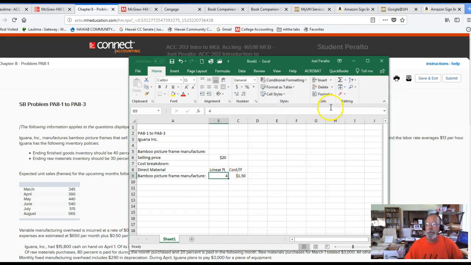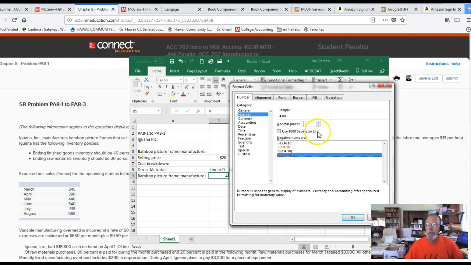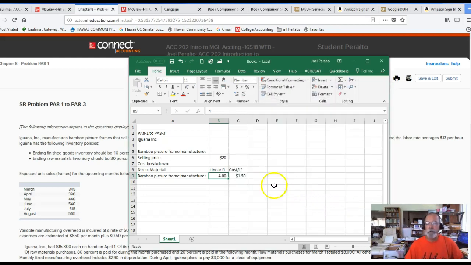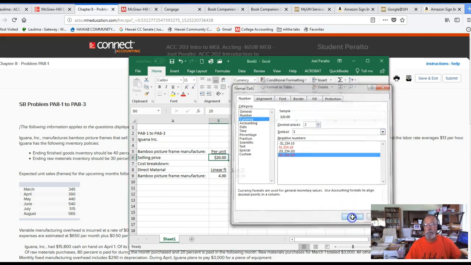Okay, and let's format this as a number, 4 linear feet. Selling price is $20. Let's just put up here per unit. Okay, let's format this one too.